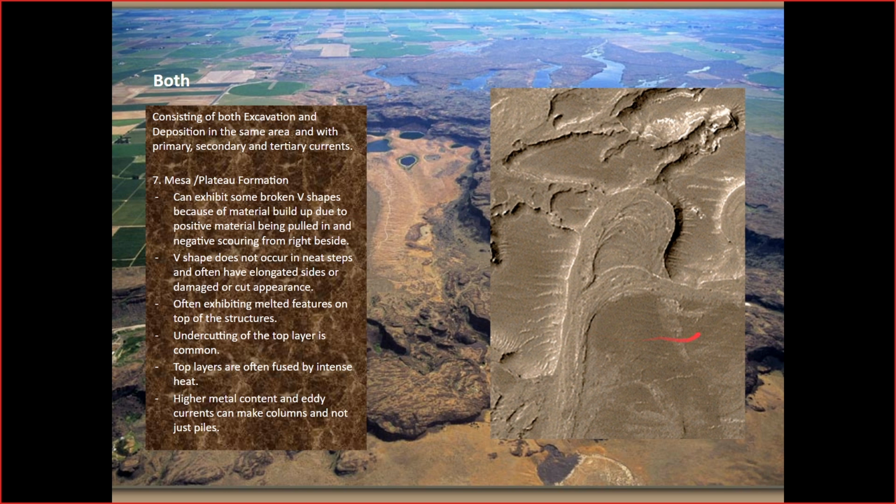Now, you can see that there was a plateau, like this plateau here, like this plateau here, and part is being etched away. This is all being etched away during an excavation. However, instead of being built up far away like a prominence would take it, it's getting built up right beside itself. And this is what we're seeing here.